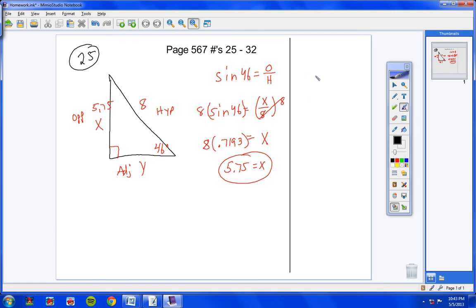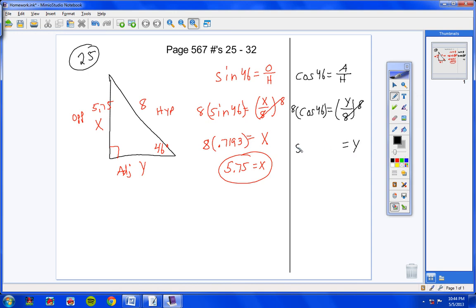Now let's use cosine. We have cosine of 46. And what does cosine equal? Adjacent over hypotenuse. So cosine of 46 equals adjacent, which is y, over hypotenuse, which is 8. Your bottom is 8, so we're going to multiply one side by 8, multiply the other side by 8. Your 8's cancel, leaving you with y.